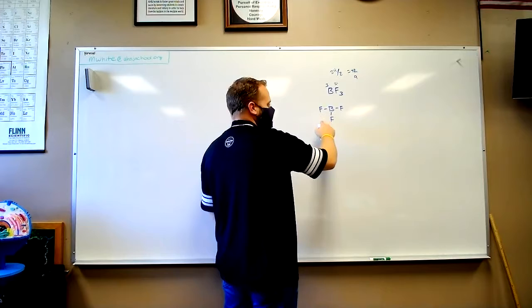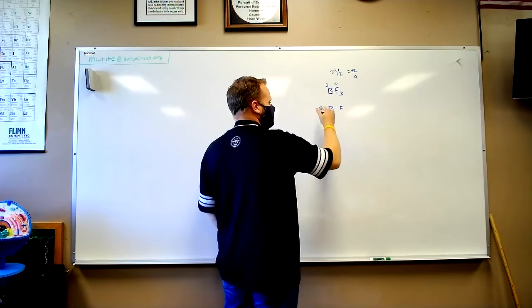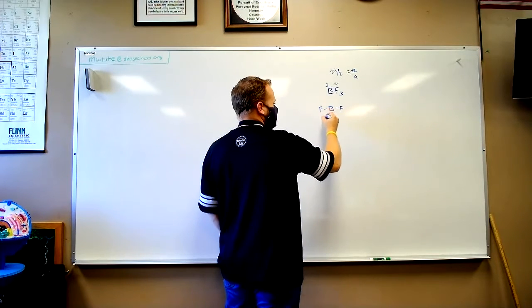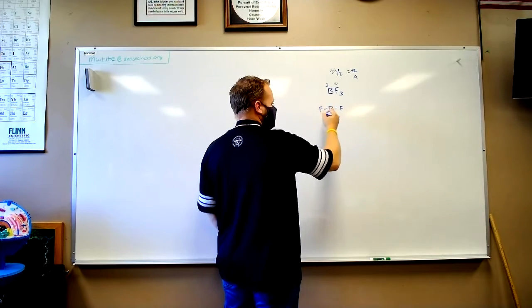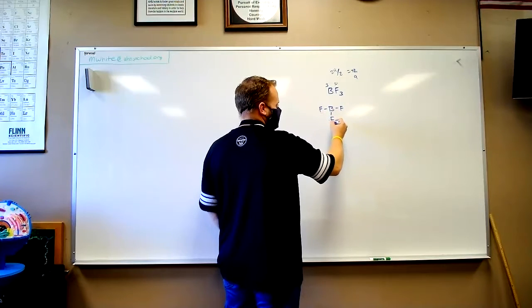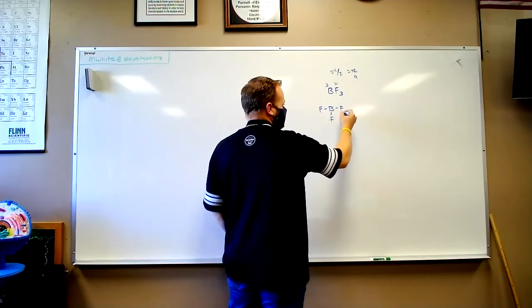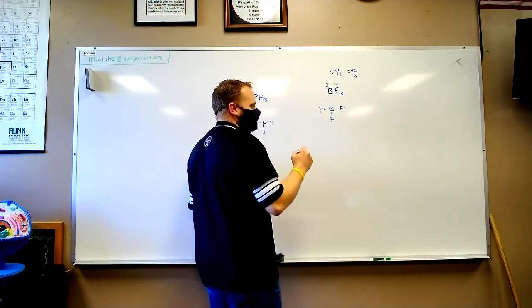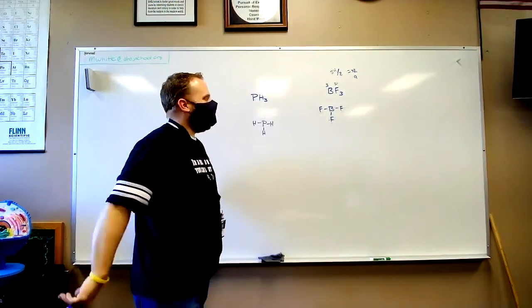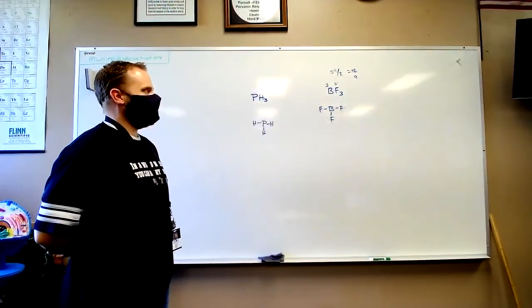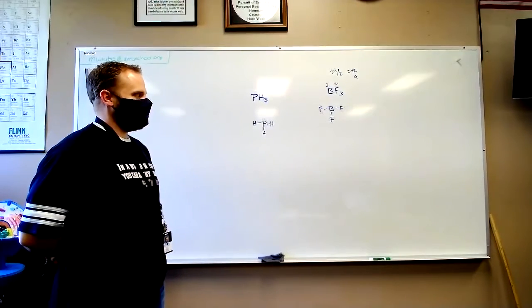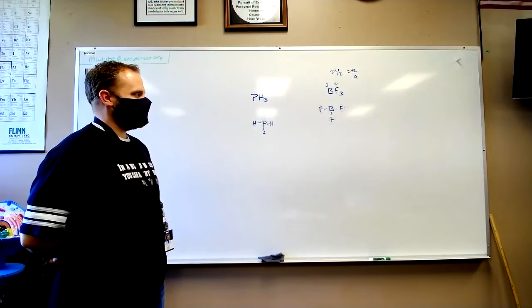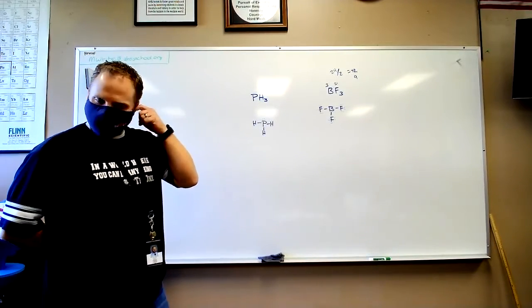Fluorine has lone pairs around it, so there's 1, 2, 3, 4, 5, 6, 7, 8, 9. So we've used up all our 24 electrons, and now we have our complete Lewis structure.